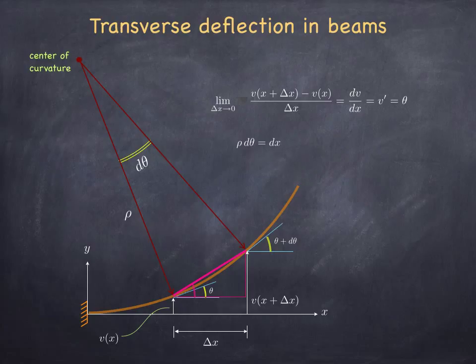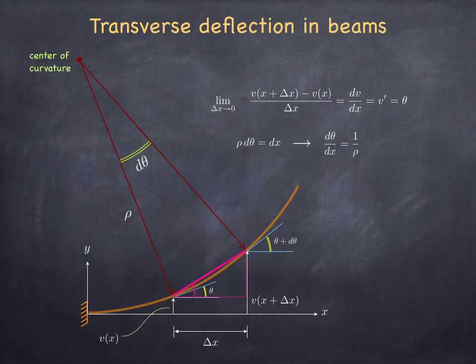So, of course, again, from this picture, we can also write that rho times d theta is equal to dx, because after all, we're on the neutral plane, and the neutral plane did not change its length. We can rewrite that expression slightly differently: d theta/dx is equal to 1 over rho.